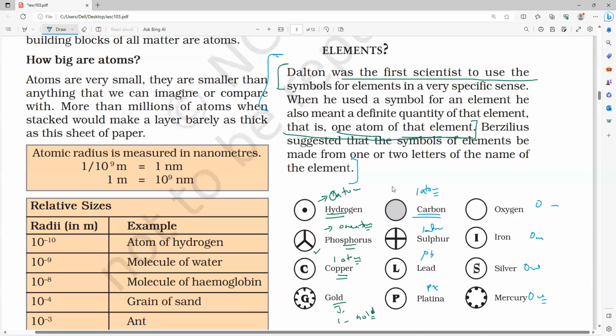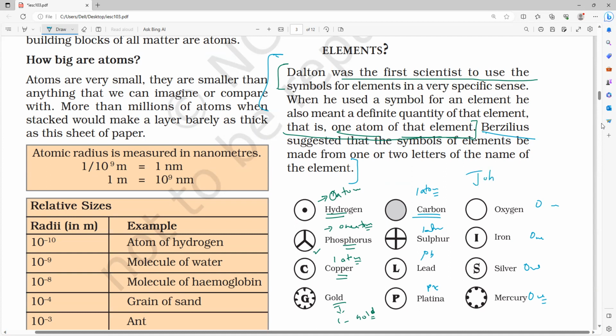Berzelius suggested the symbol of elements be made from one or two letters of the name of the element. That is what you have to remember. Clear, everybody? So after Dalton's symbols, they found it difficult to remember. His full name is Jons Jacob Berzelius. Write it and learn it.